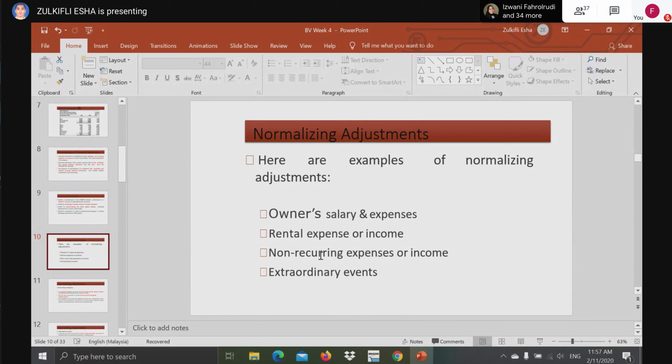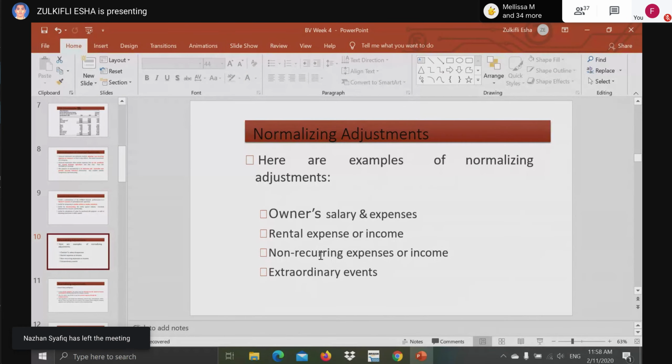So remember, CSA analysis has to be done horizontally and vertically. Horizontally means that you are comparing the figures between different years. When you are doing it vertically, you convert the figures to percentages.